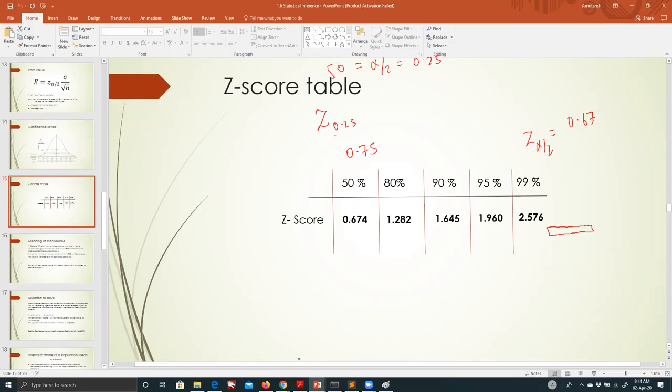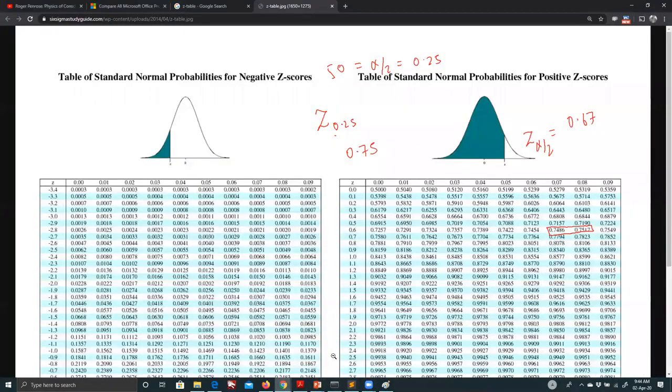Let's do it for 90% as well. Again, same thing, z alpha by 2, guys. This time alpha is 0.1, and 0.1 by 2 is z 0.05. So if you're calculating z 0.05, fundamentally you have to look for 95% of the area. Where is 95% of the area?